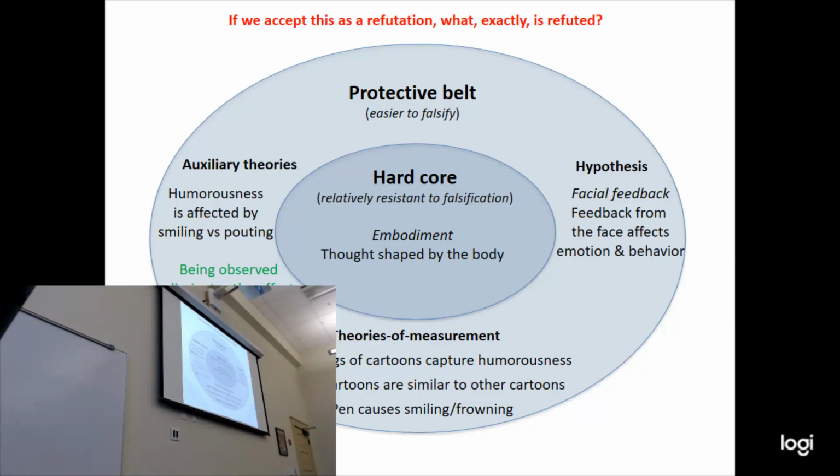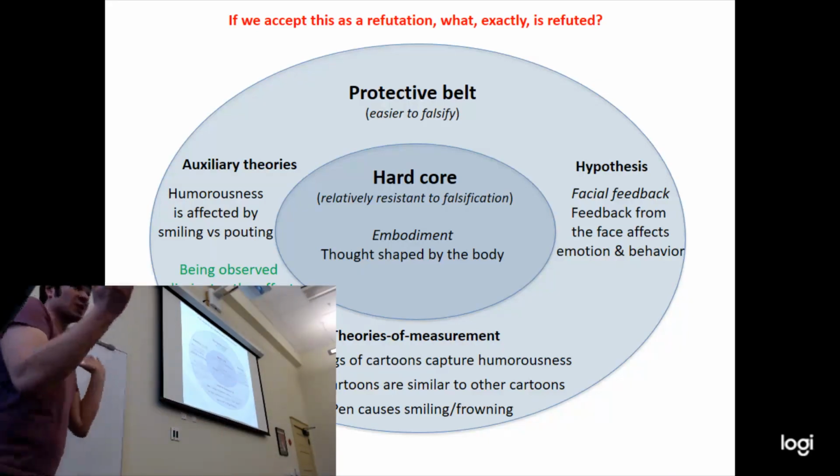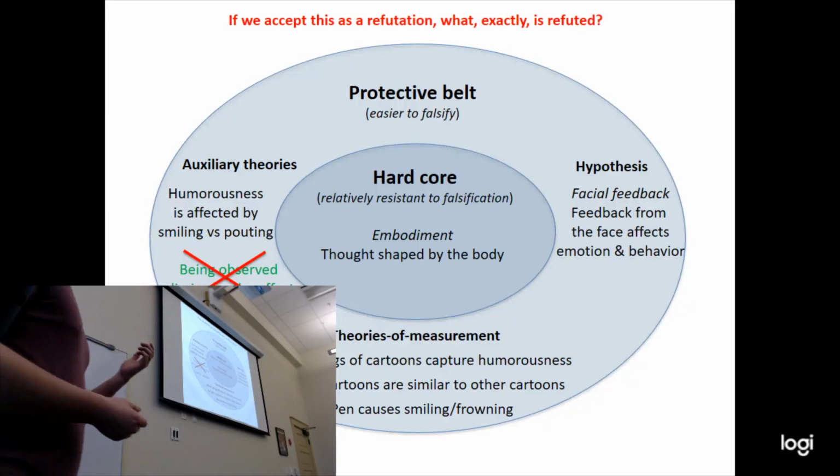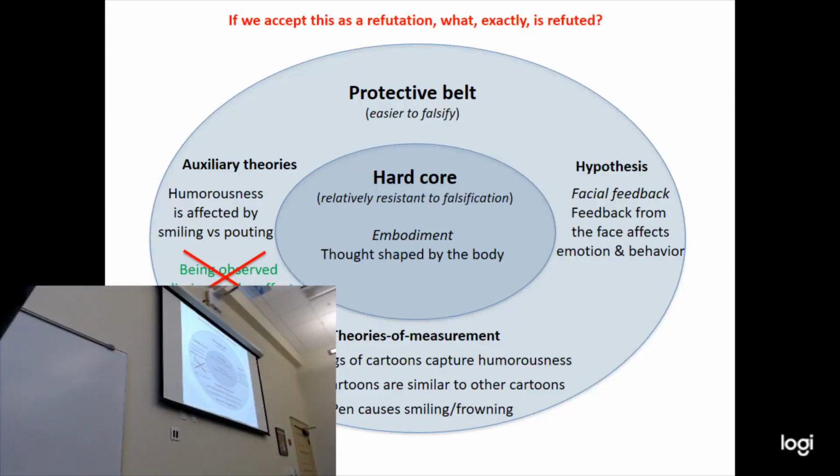The fact that suddenly the cameras really matter to get the facial feedback hypothesis, that's one of my technical objections to this. But I mean, it could be true, right? It could very well be true. And notice how if you add this ad hoc addition, it serves as a sacrificial lamb for the theory.